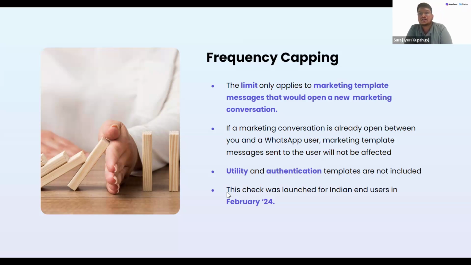Yeah, that's the whole point of sharing a lot of template examples, so that your marketing team or your content team can transform these marketing messages to sound more like utility messages, so that they can be approved by Meta under the utility category. Got it.